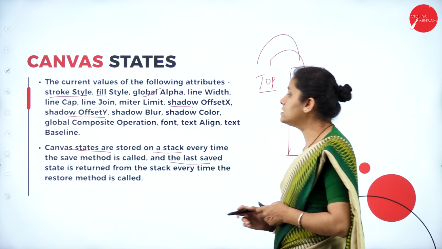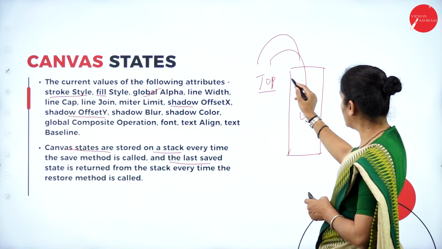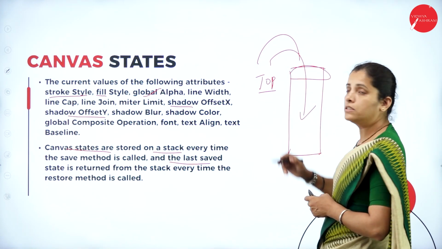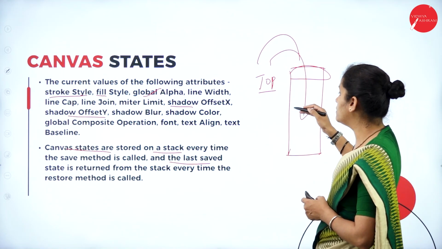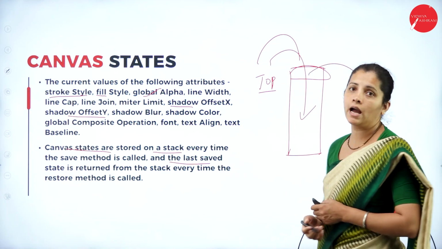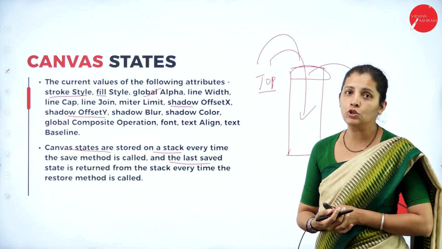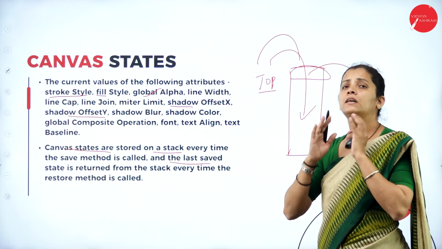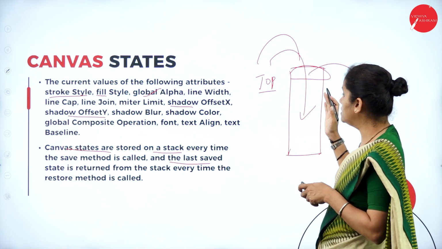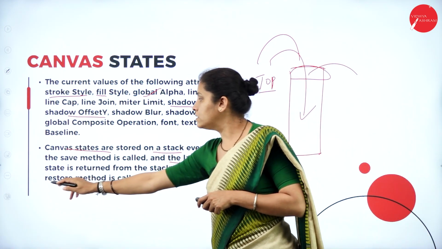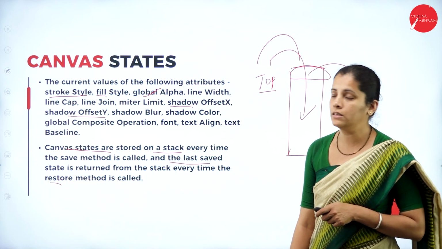The last saved state is returned from the stack every time when I call the restore. So what is restore? The lastly saved canvas state is returned when I call the restore method.